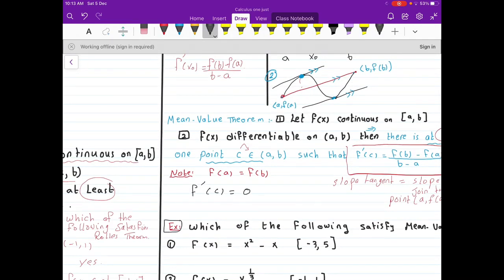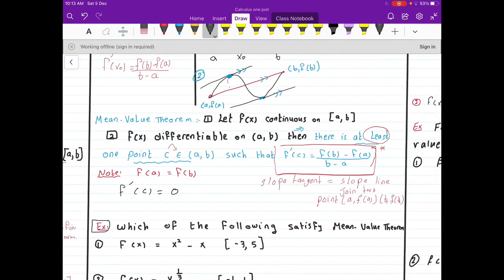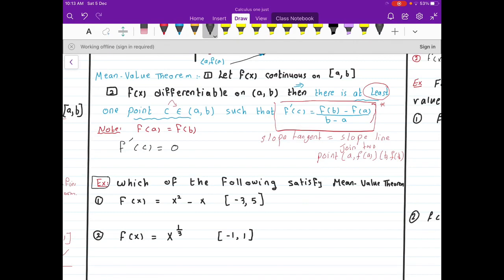For example, which of the following satisfy the mean value theorem? Let's look at the first function. We have two conditions: continuous on a closed interval and differentiable.